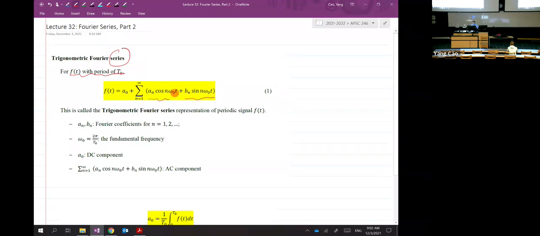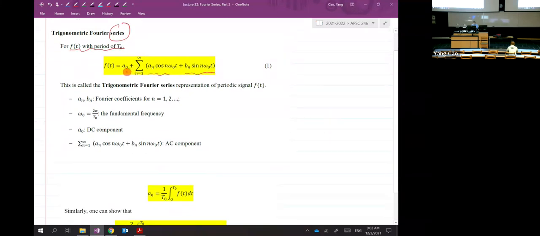Each sine and cosine has a different amplitude and also a different frequency, but the frequencies are multiples of each other. That's essentially what Fourier series is all about: a periodic function being decomposed into an addition of sines and cosines of different amplitudes and different frequencies.